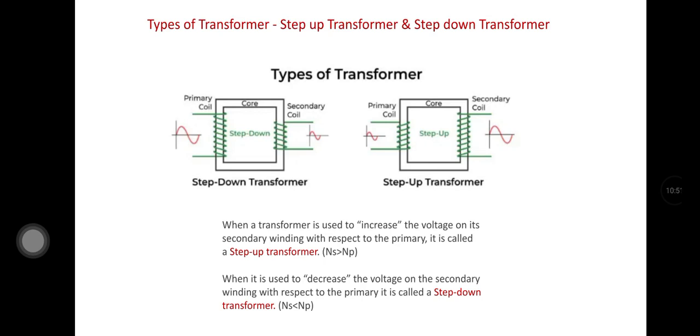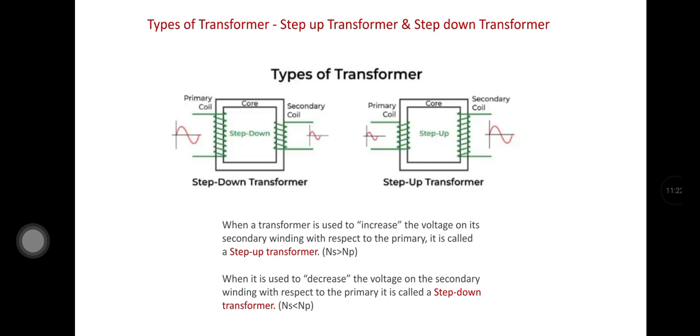Okay, so when a transformer is used to increase the voltage on its secondary windings with respect to the primary, it is called a step up transformer. And when it is used to decrease the voltage on the secondary windings with respect to the primary, it is called a step down transformer.